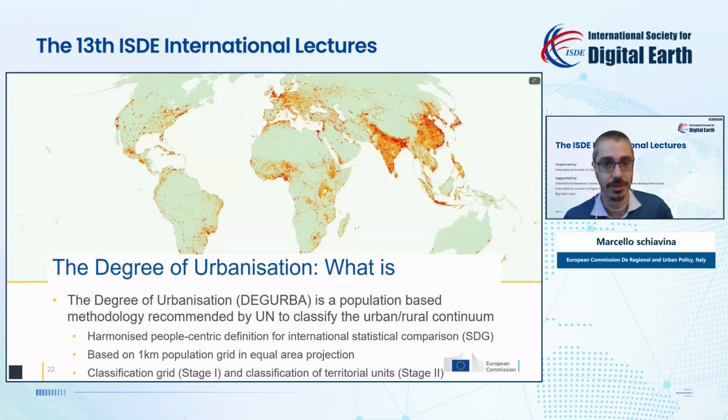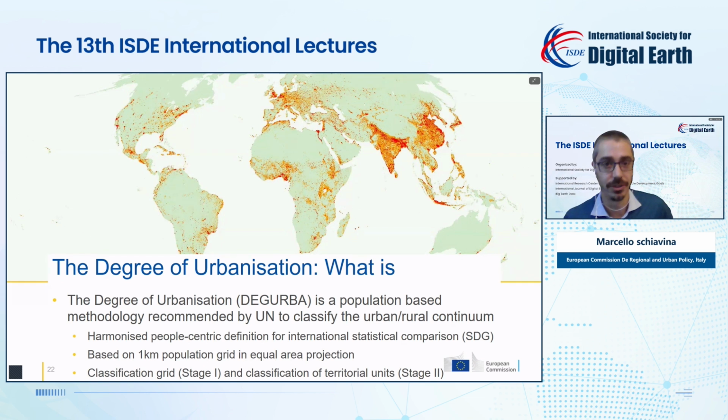So the degree of urbanization, or the GURBA, is a harmonized people-based definition of the urban-rural continuum that goes beyond the pure urban-rural dichotomy by introducing an intermediate class that accommodates the differences in the interpretation of what is urban or rural across the globe. For a total of 3 classes at level 1, then further split into 7 classes at level 2.